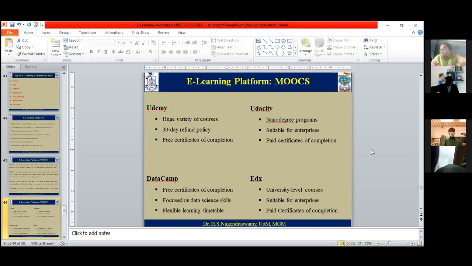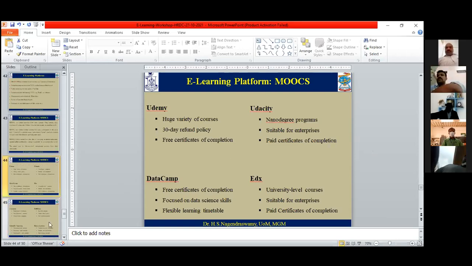You can get huge varieties of courses, a 30-day refund policy, and free certificates of completion. And Udacity, nanodegree programs suitable for enterprises, paid certificates of completion. And DataCamp, free certificates of completion, focused on data science skills, flexible learning timetable. And edX, university-level courses suitable for enterprises, paid certificates of completion.